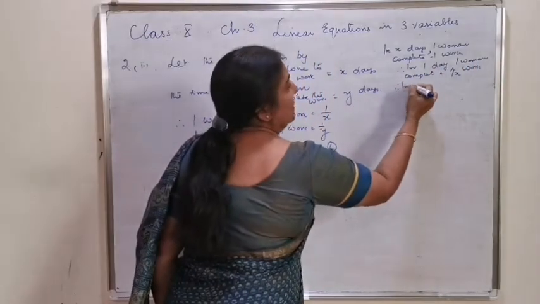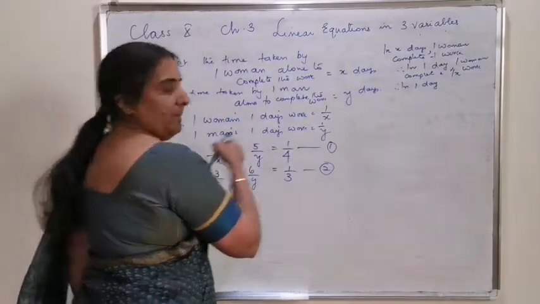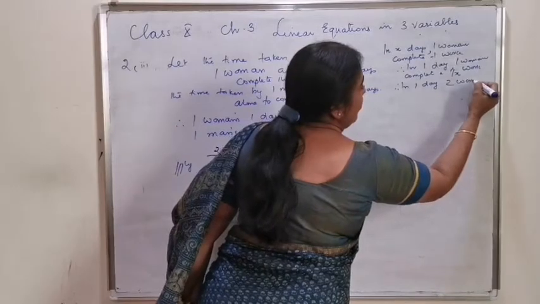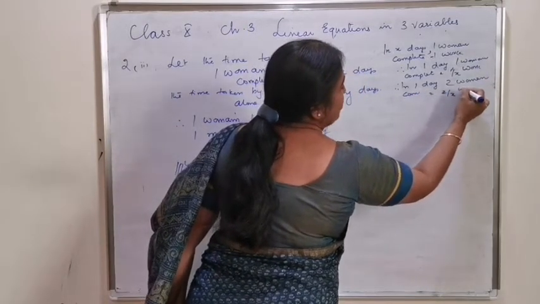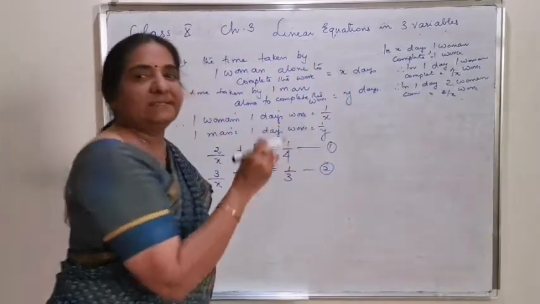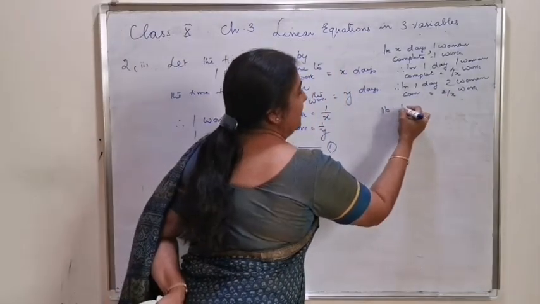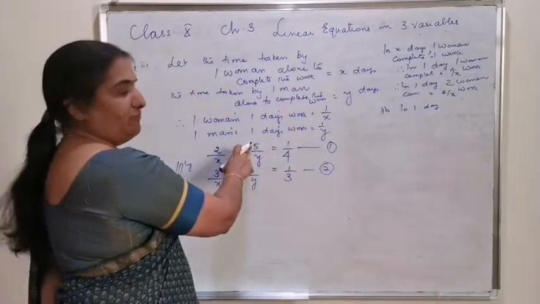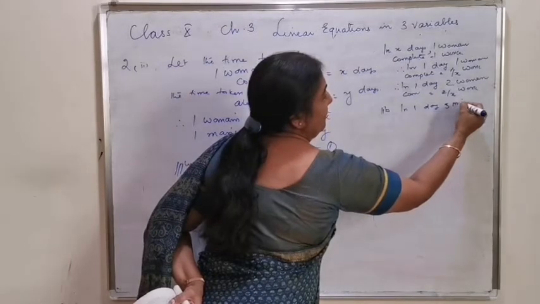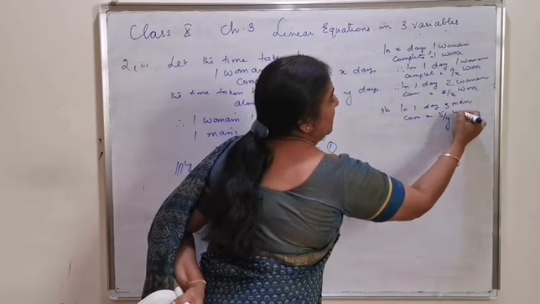Therefore, in one day, two women complete 2 by x of the work. This is how the explanation is given. Similarly, in one day, 5 men complete 5 by y work.